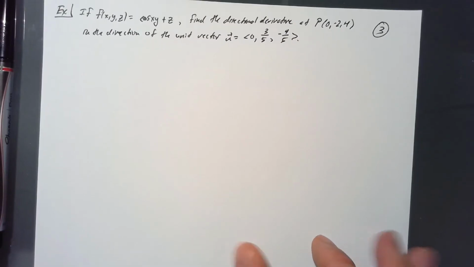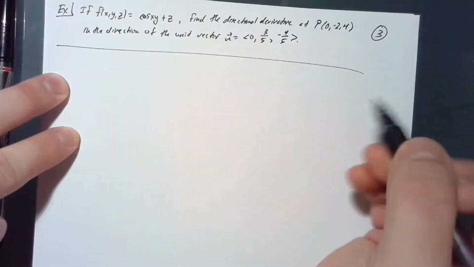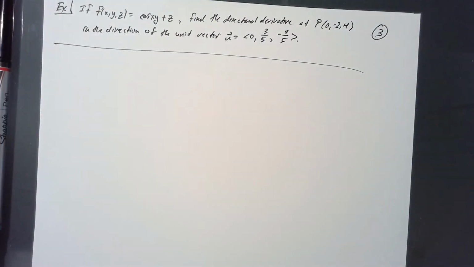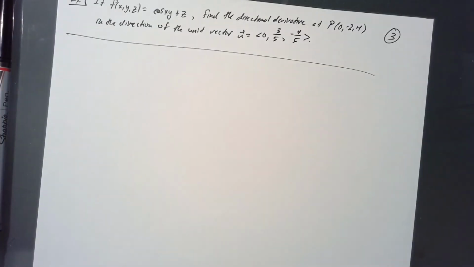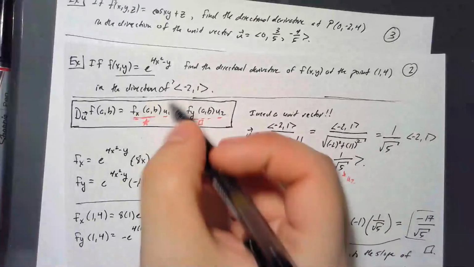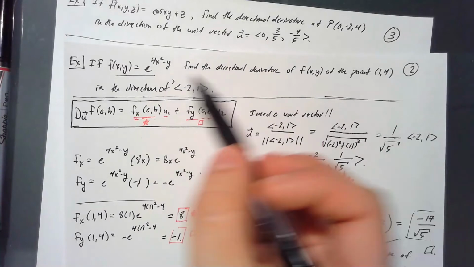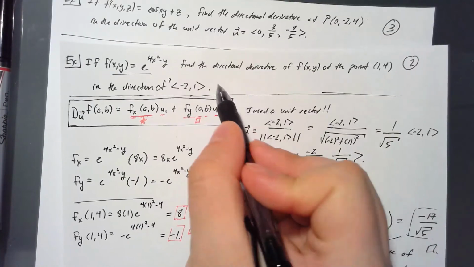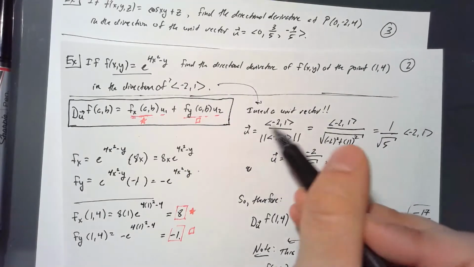Okay. So in this example, I give you the unit vector. I already gave it to you, so you don't have to find a unit vector. In the previous example, if we go back, I said in the direction of a specific vector. Because that was the case, I needed a unit vector, so I had to make one.